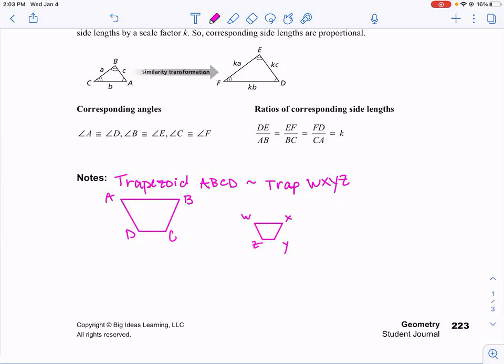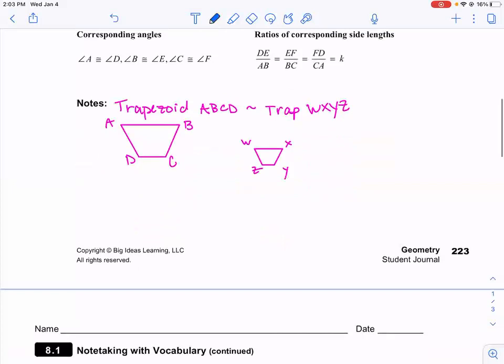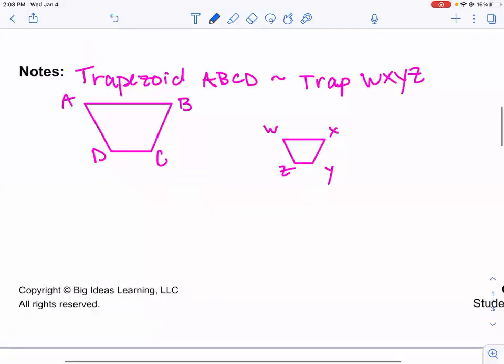Right, because there's like smaller, but it's like the same. Okay. So we know that angle A is congruent to angle W because those are in corresponding places.